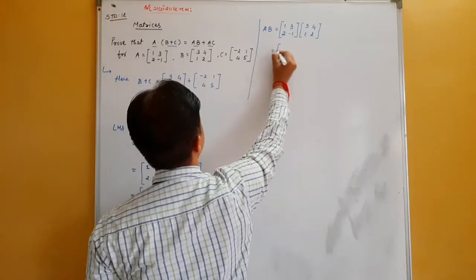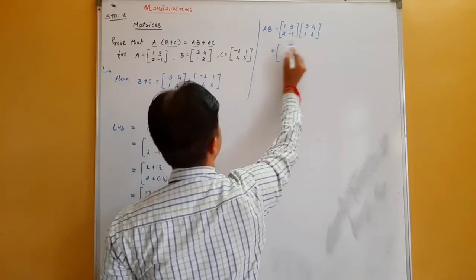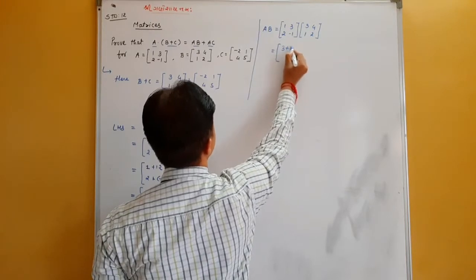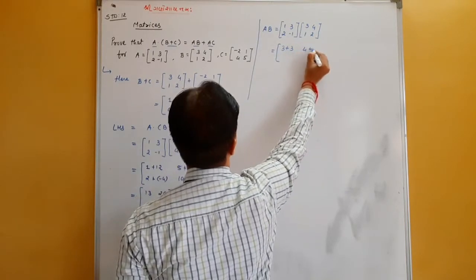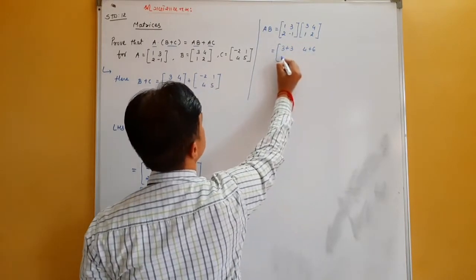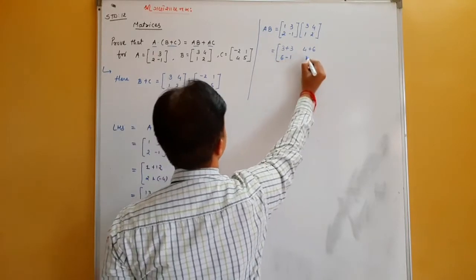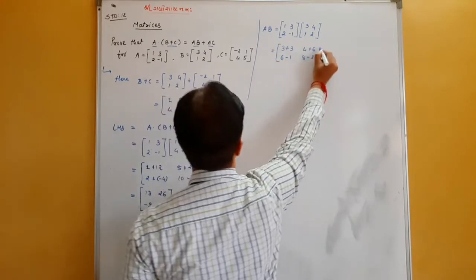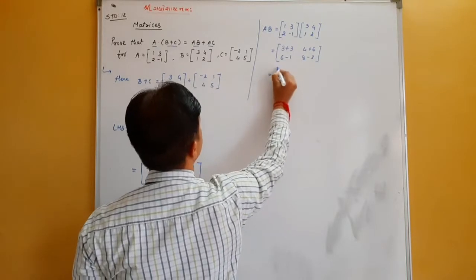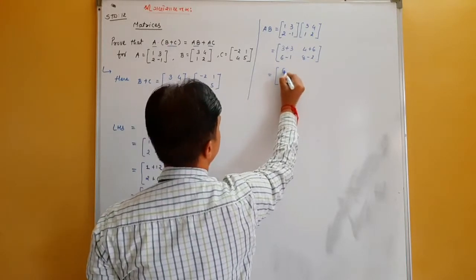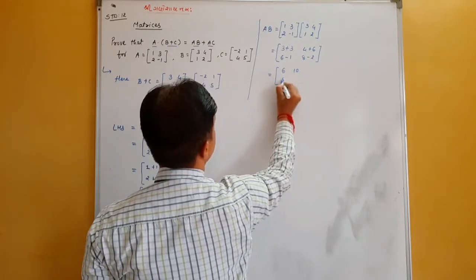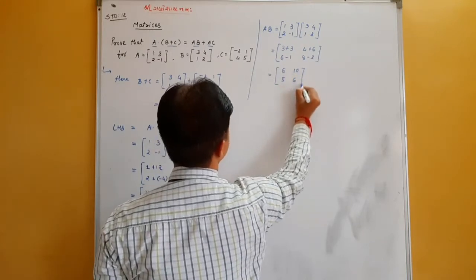Multiply these two matrices. First row, first column: 3 1s are 3 plus 3, 4 1s are 4, 3 2s are 6, 3 2s are 6 minus 1, 8 minus 2. And the sum of that is 6, 10, 5, 6.